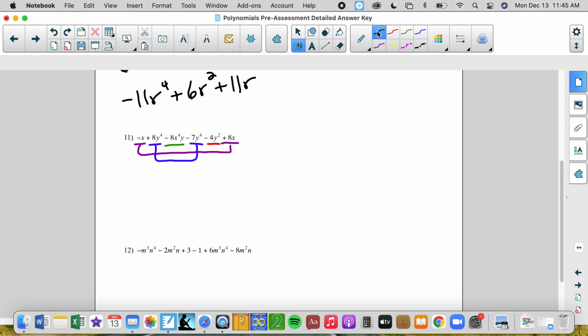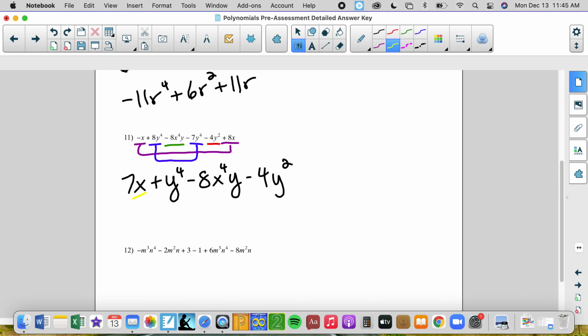So negative x and positive 8x makes 7x. 8y to the fourth, negative 7y to the fourth gives me just y to the fourth. We have the negative 8x to the fourth y and negative 4y squared.